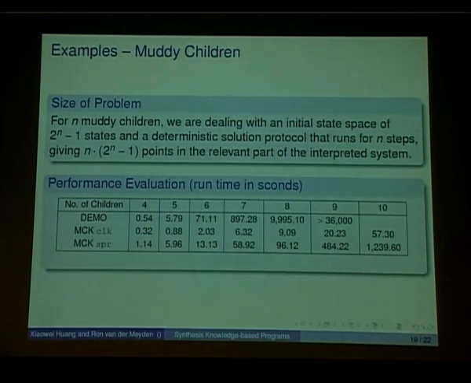And with synchronous perfect recall, we can work with up to 10 children in about 20 minutes. So this justifies that in this special case, we don't say it's in every case, but in this special case of muddy children, the symbolic approach did give us some benefit.